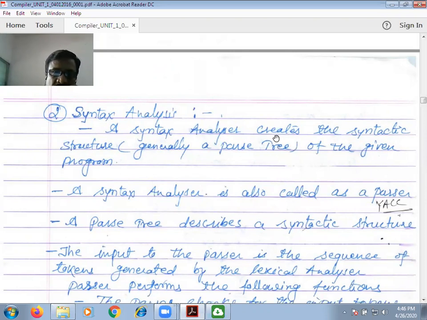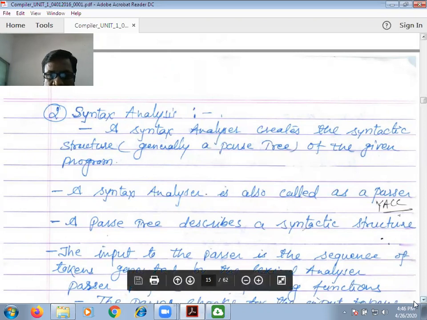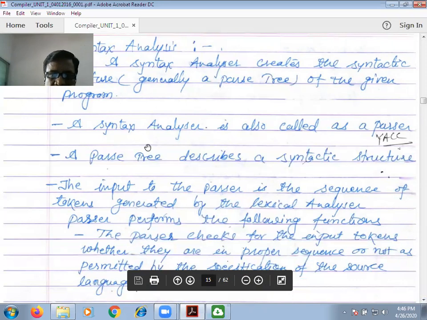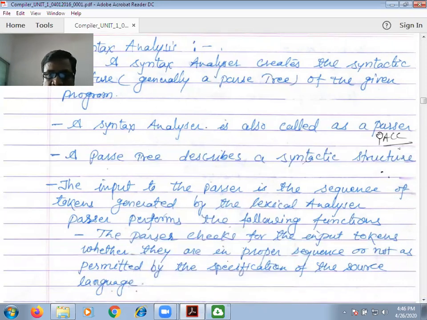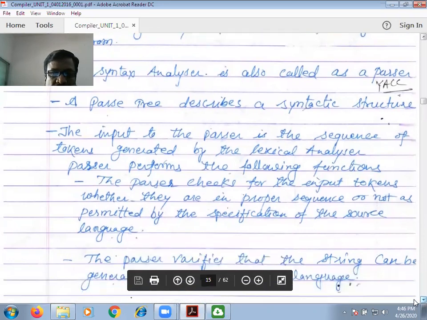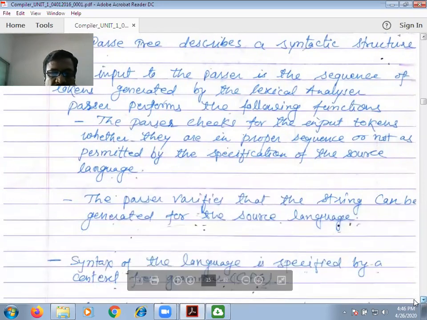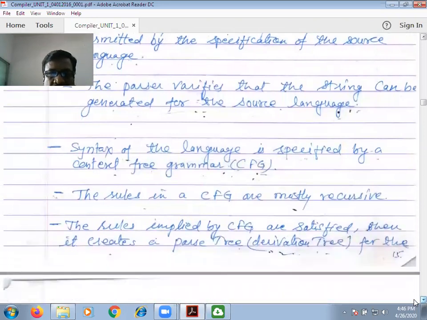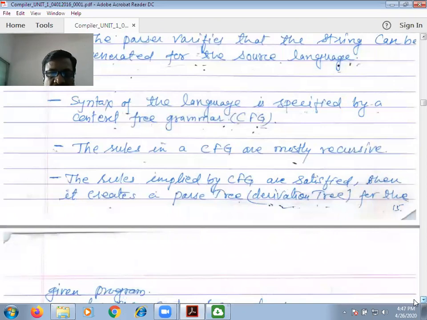That means we verify the tokens, which are the output of the lexical analyzer, using context-free grammar or the productions of context-free grammar, or this can be verified as derivations.